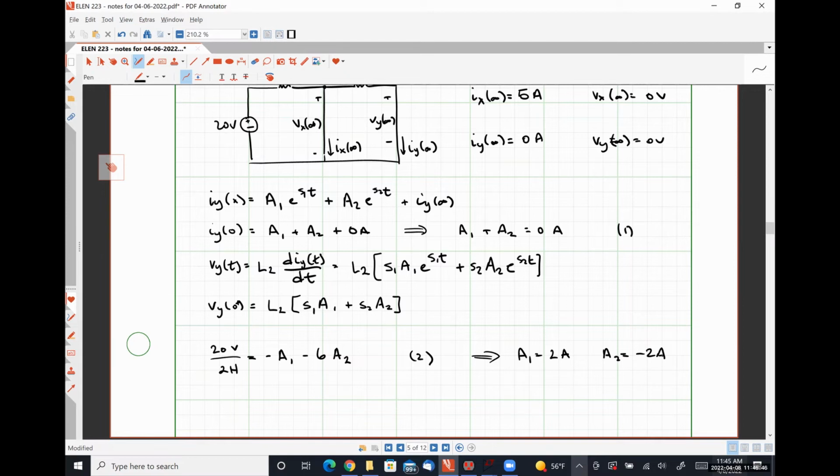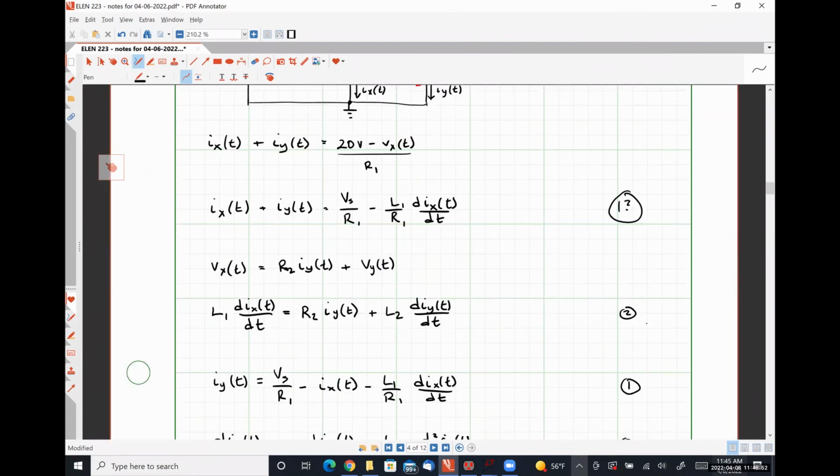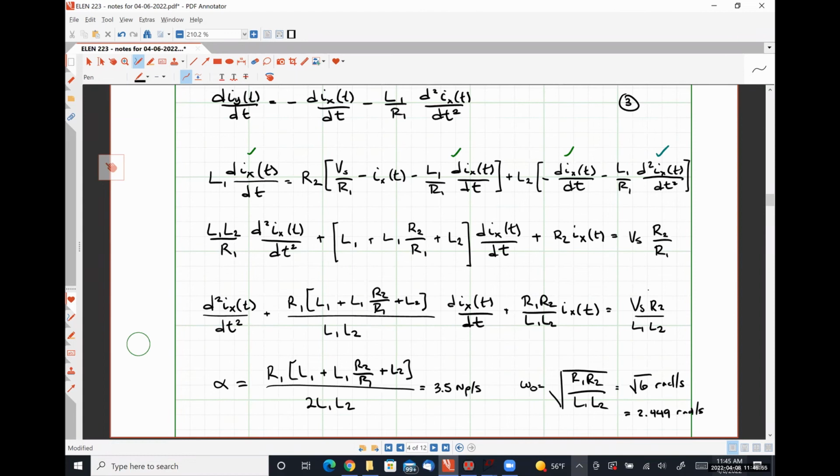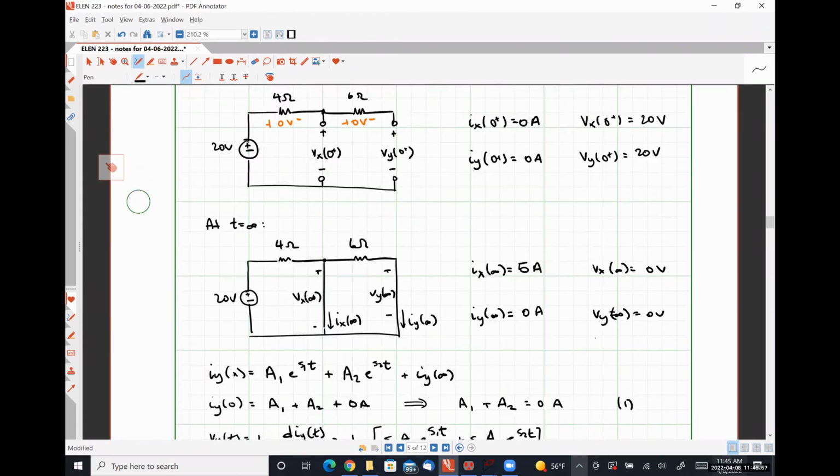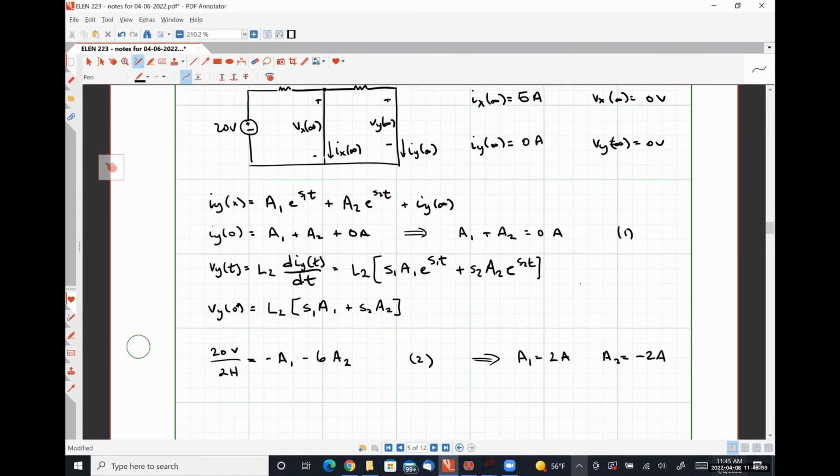And from this, are we solving for Iy or Vy? I don't remember. Vy. Okay. So I can get the coefficient for my voltage by simply multiplying L2 times S1 times A1. And then my coefficient for the second term of my voltage is just L2 times S2 times A2.